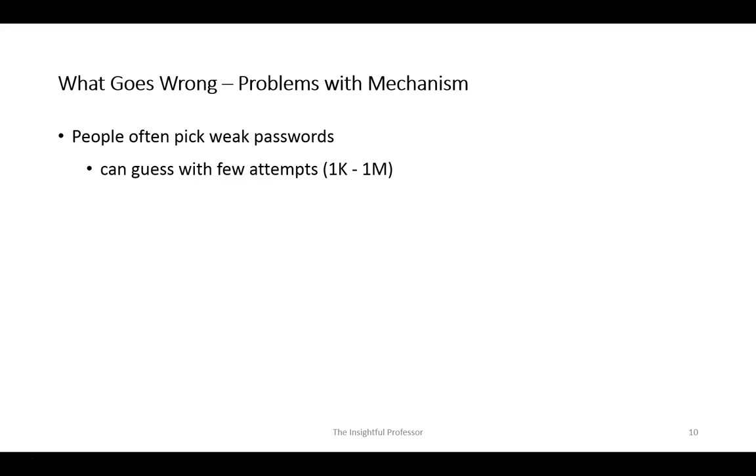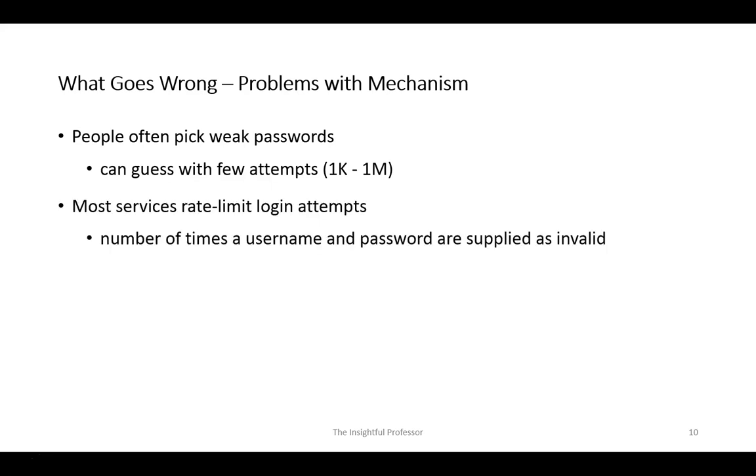And finally, there can be problems with the mechanism that is used to enforce the policy against the perceived threats. People often pick weak passwords. The password can be guessed with a few attempts. Most services have a rate limit in terms of the login attempts.